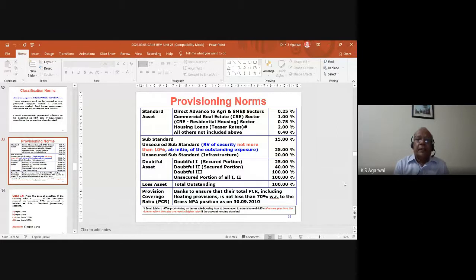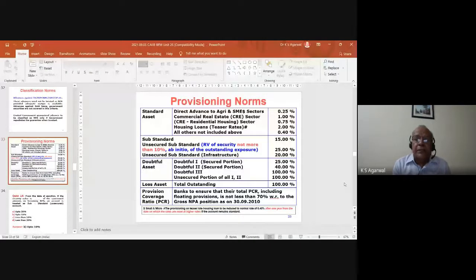It means the bulk of the FSI is occupied by residential apartments. If such is the case, then this will attract a provision of 0.75%.